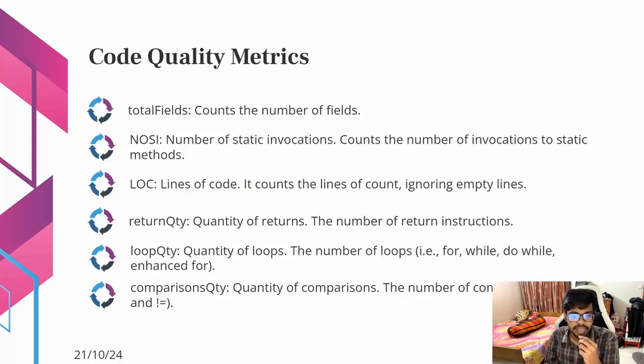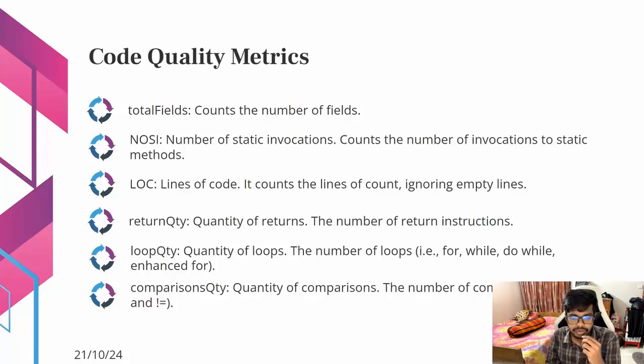And then we have also counted the LOC, which is lines of code, for which we used the CLOC library. And then we have also counted the return quantity, how many return instructions it has. And then we have counted the quantity of loops, how many loops are present in that class.